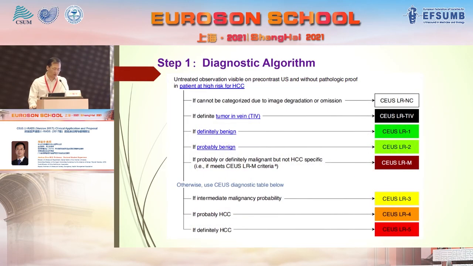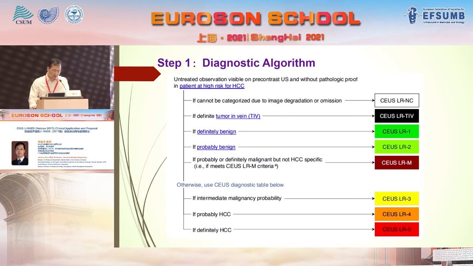Here is the diagnosis algorithm for using the CEUS LI-RADS to classify a lesion. When we look at it, first we need to evaluate the imaging. If it cannot be categorized due to imaging problems, it could be LR-NC. If there is a tumor in vein, it could be LR-TIV.